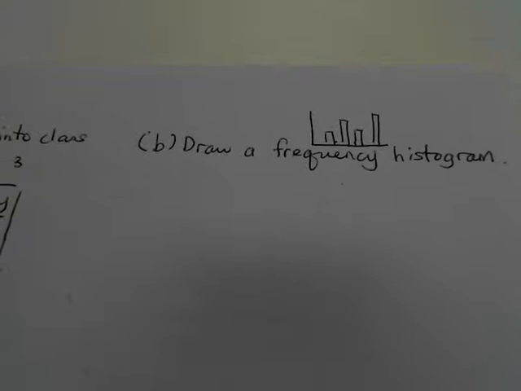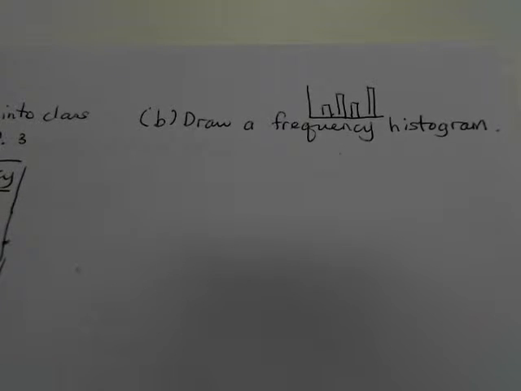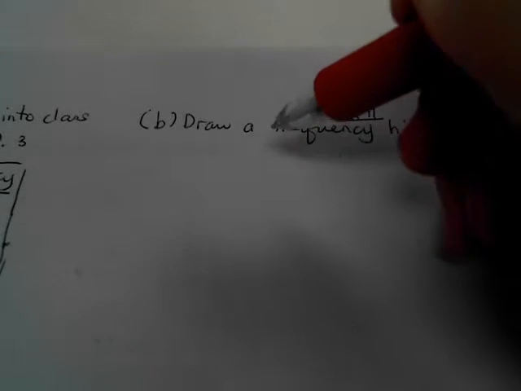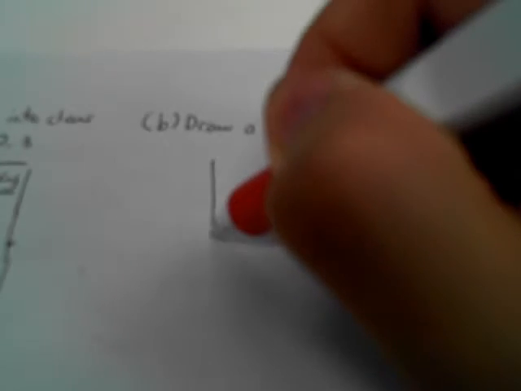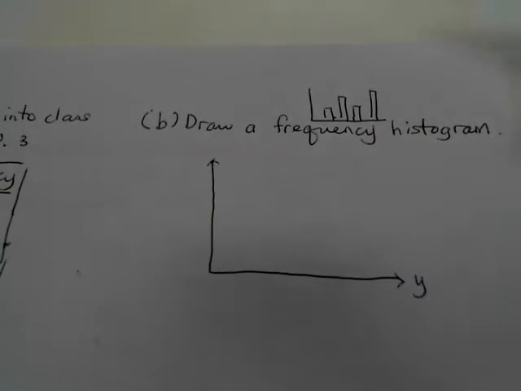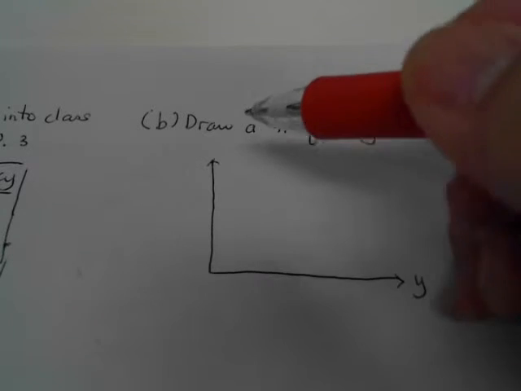So to draw a frequency histogram, remember the table that you have copied just now, we go based on that particular table. So you have your y-axis and of course your x-axis given to you. We'll start with 0 to 1.